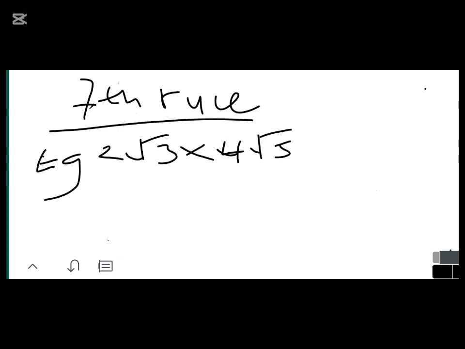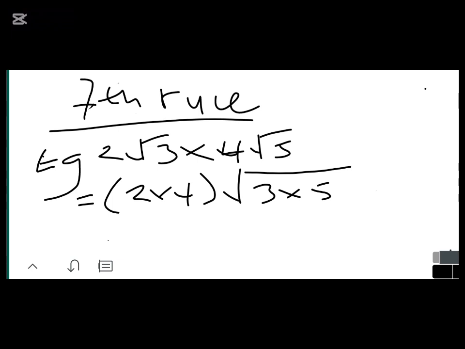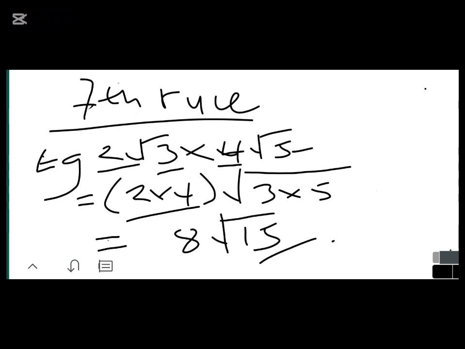Example: 2 square root of 3 multiplying 4 square root of 5. Let's bring those in front, the 2 and the 4, 2 multiplying 4, then we bring our square root sign, 3 multiplying 5. So 2 times 4 gives us 8, then 3 times 5 gives us 15. This is an example of the seventh rule.